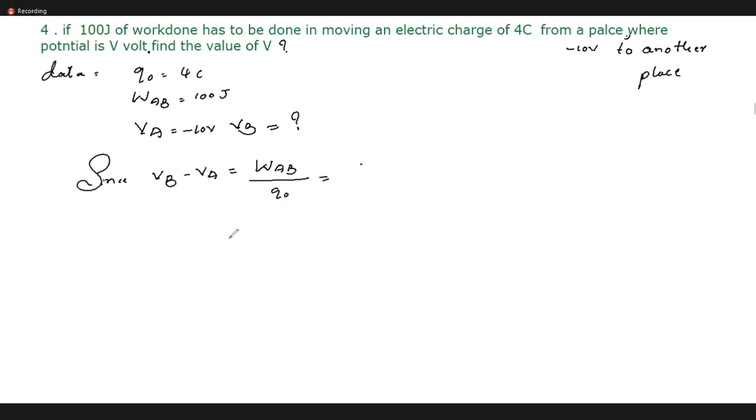So V minus minus 10, that is V plus 10, is equal to 100 divided by 4. Will you calculate it now and tell me the answer? V plus 10 equals 25, so V is equal to 15. Yes.